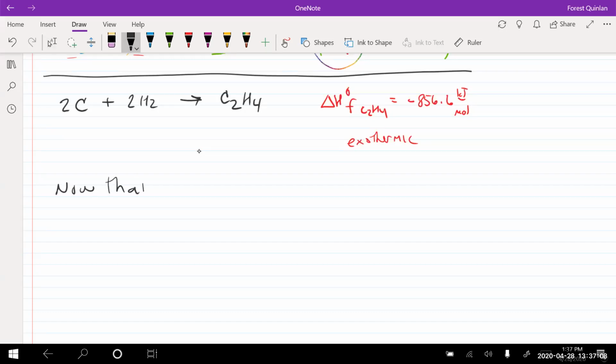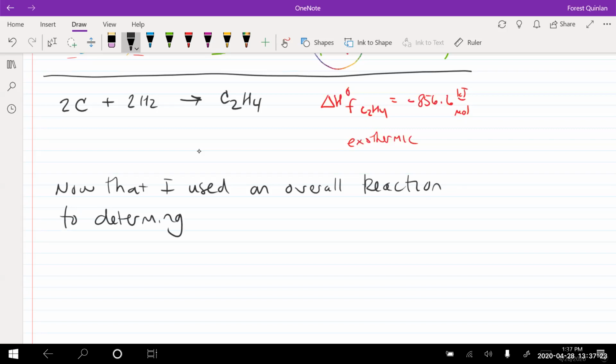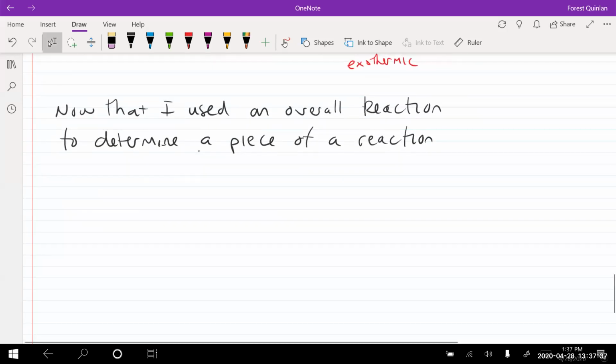So now that I've done that, now that I have used an overall reaction to determine a piece of a reaction, what I want to do now is figure out what a reaction would be from any given pieces.